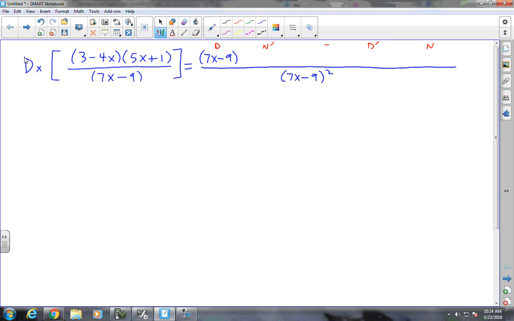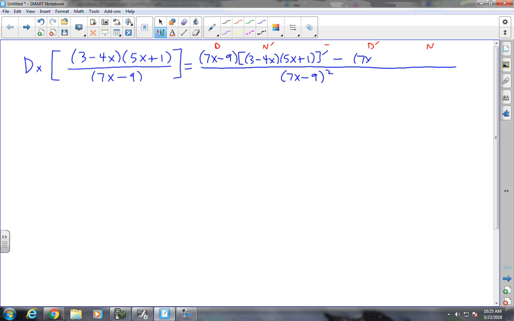Now I'm going to multiply by the original numerator's derivative. So I have 3 minus 4x times the derivative of 5x plus 1, which I'm just going to call prime. So the plan on the next step is to go back and find that derivative. Remember, the quotient rule has a minus, where the product rule has a plus. So we have minus.